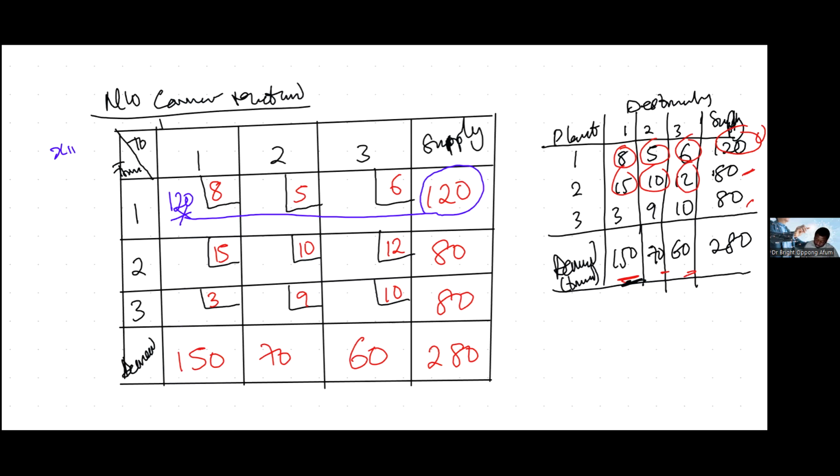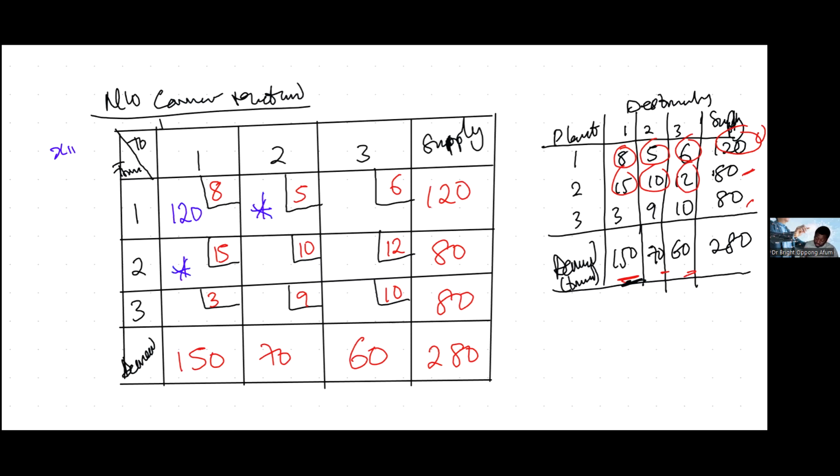So we have to put as much amount as we can here, and that's why we are putting 120 here. Then we see whether we should allocate in the next row, that is 1,2, or the next column, 2,1.